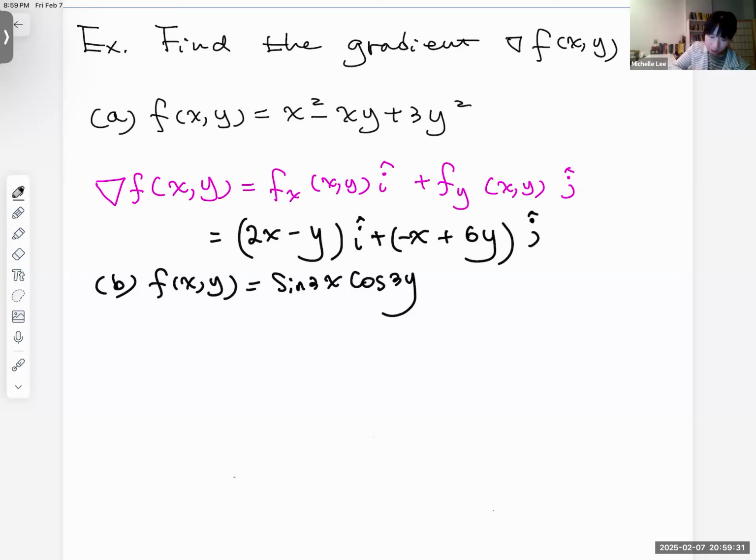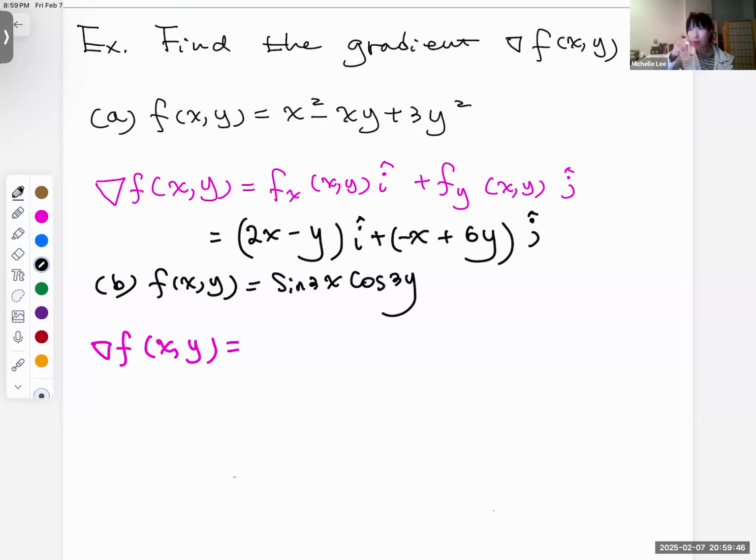So gradient f of x and y equals partial derivative with respect to x. So sine 3x, and cosine 3y is the constant, right? So the derivative of sine is cosine 3x, right? But we have a chain rule. And this is constant, right? Make sense?